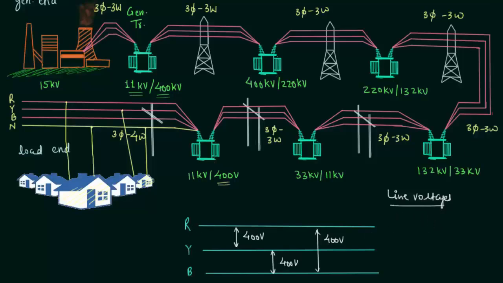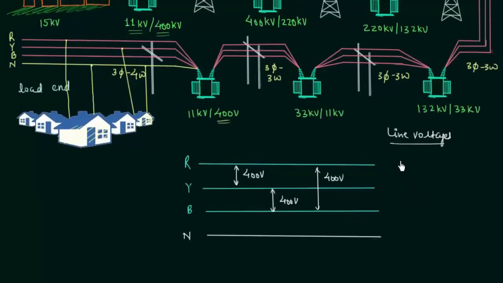Now we will find out the phase voltage. There is a new term, phase voltage. Phase voltage is the voltage between any of these three lines and the neutral. For example, the voltage between red and neutral will be equal to 400 volt divided by √3, which is equal to 230 volt.